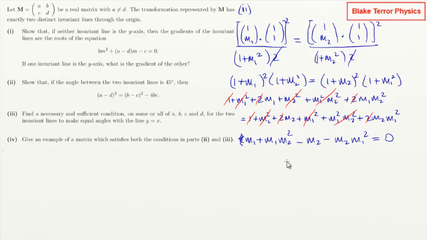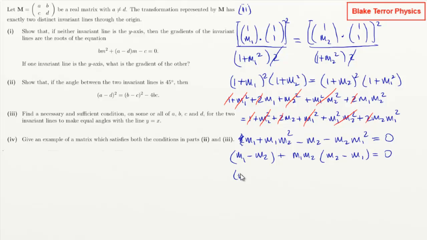Right, so what am I going to be able to do with that? I've got factorising I can do on this, haven't I? I've got an m1 minus m2. What am I going to factorise? How am I going to go about it? I could say I've got an m1 minus m2. That's certainly going to end up being a feature of this. And then I've got an m1 m2 times m2 minus m1 equals 0.